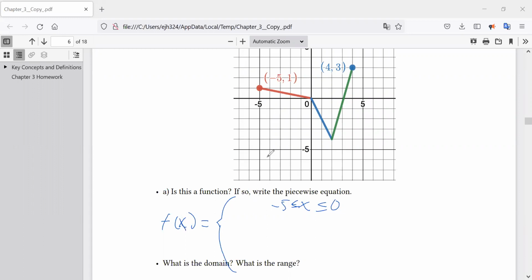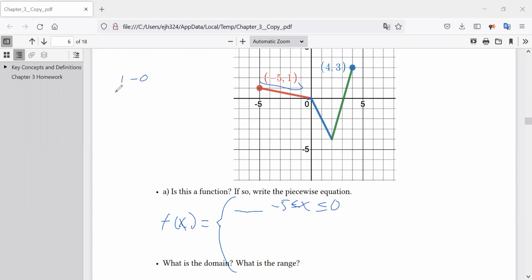Well, now you have to give the equation that it's equal to in this range. And to do that, you'll just pick 2 points. I would suggest the 2 extreme points, so 0, 0, and this guy, and use those to tell you what the equation is in that range. So first off, what's the slope for that? -1/5.